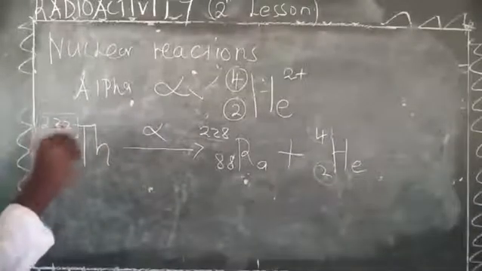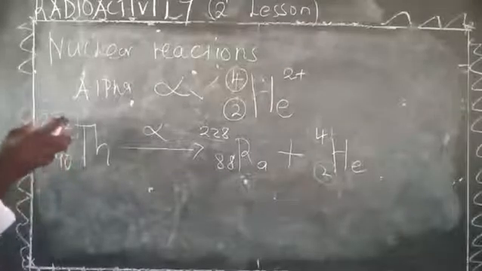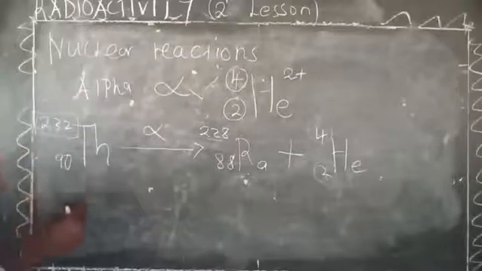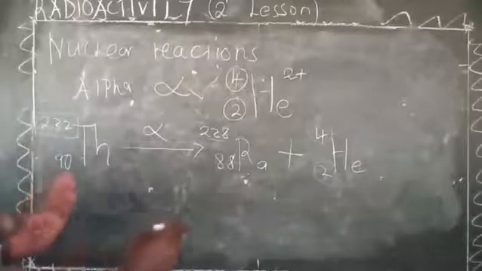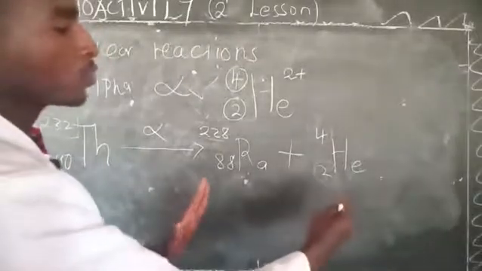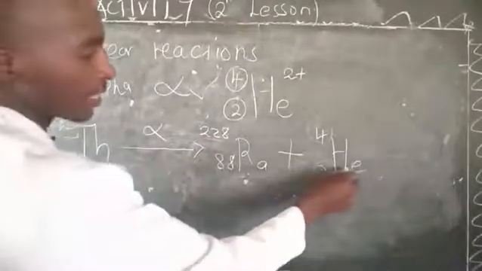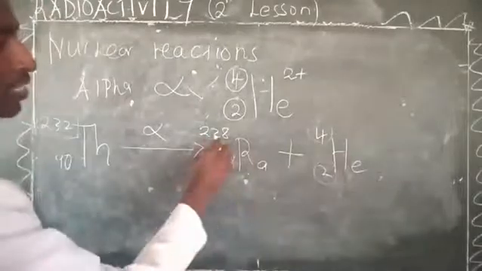That means that the total mass number of the particles on the reactant side, which is where we have the thorium, is equal to the mass number of the particles that are produced on the right hand, where we have the radium and the alpha particle, that is 228 plus 4.